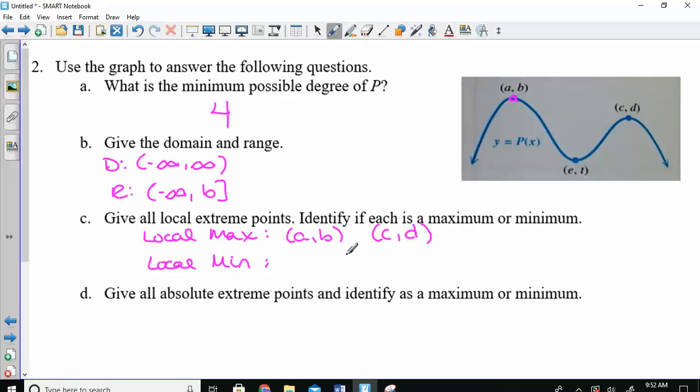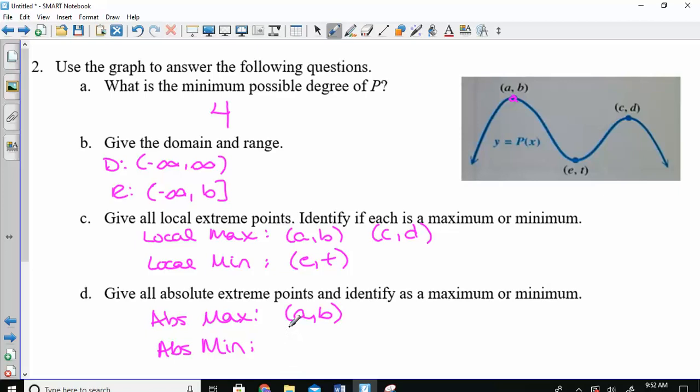Alright, local min, is there a point that is lower than the points surrounding it? Okay. So local max and mins, you can have multiple. Absolute max and min. Absolute max, I need the single highest point on this graph.